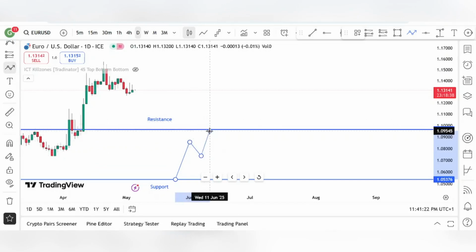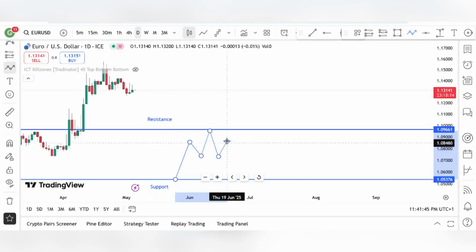And then the right shoulder. So there's this swing high, and then the left shoulder. So this is what we call the head and shoulder pattern.